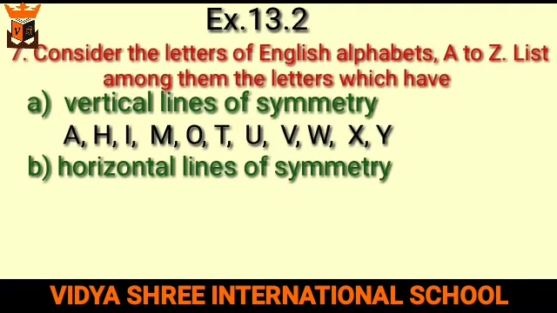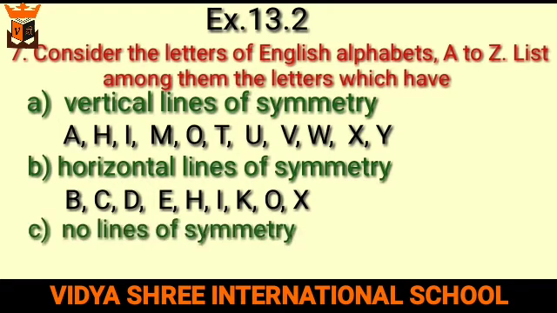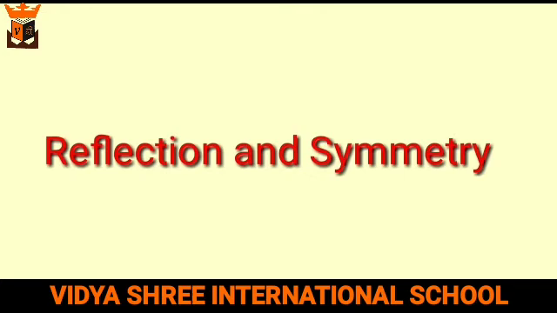So we have the alphabets B, C, D, E, H, I, K, O and X. C part is no lines of symmetry. So we have the alphabets F, G, J, L, N, P, Q, R, S and Z, which do not have any line of symmetry.